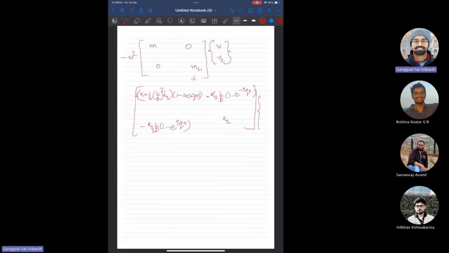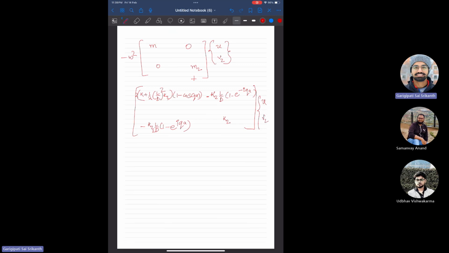This is the equation. So finally we combine it. We'll get the dispersion relation.